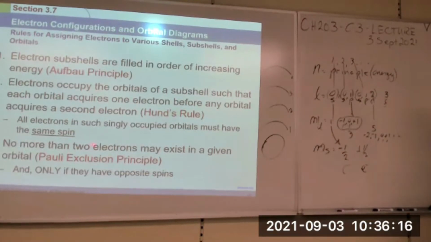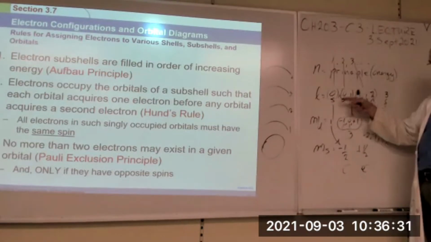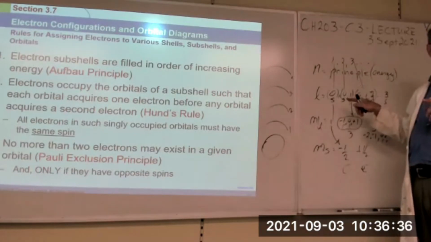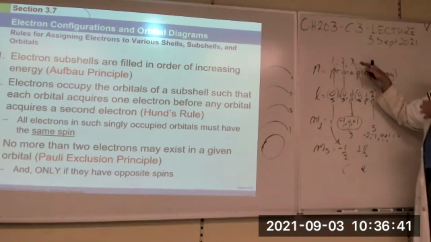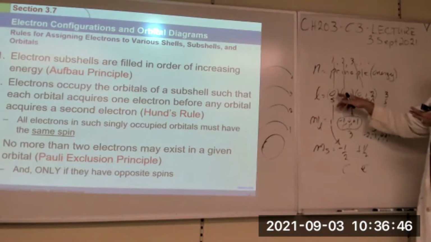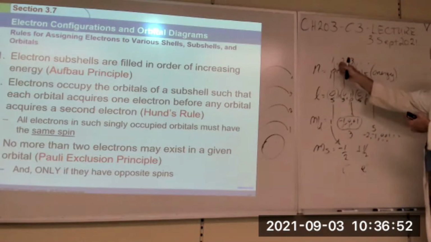And then Pauli exclusion principle. The way it's worded, no two electrons can have exactly the same group of numbers here. In other words, these sets of numbers are unique for every electron. So N would be 1. Well, the next electron can be 1 also. Those two electrons can have the same numbers here, or they could have the same numbers there, there, there.